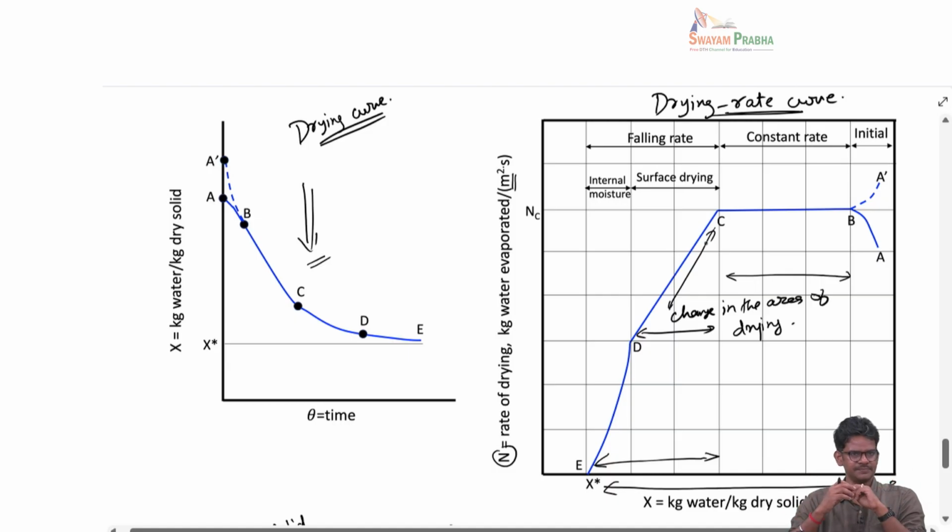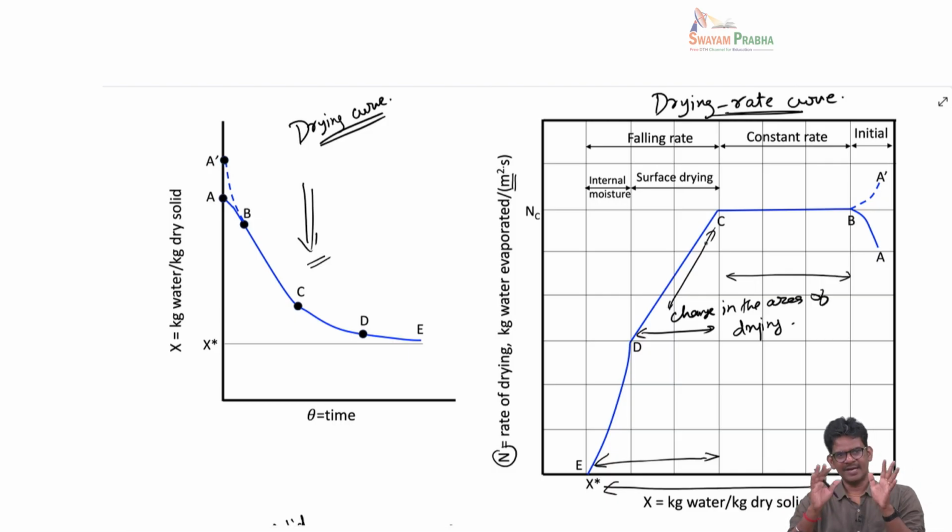And then after some time, even all the other film will completely dry, and the entire outer surface is now dry. Now, if it still has to dry, moisture will have to come from the interior to the surface, right.